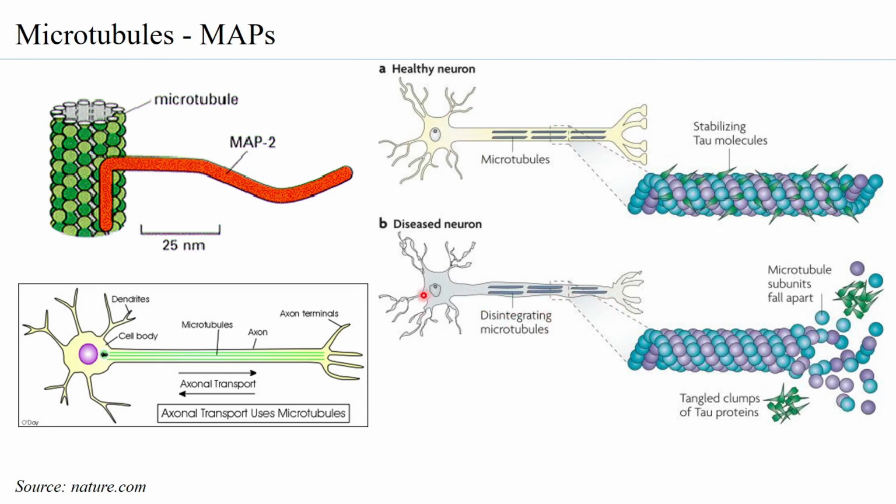This is the condition that you will find in Alzheimer's, where tau, when deficient, forms tangled masses, and that can affect transmission from one neuron to the other, which is disrupted, and that leads to a lot of neurodegenerative diseases. So that is what we understand by microtubule associated proteins stabilizing microtubules.